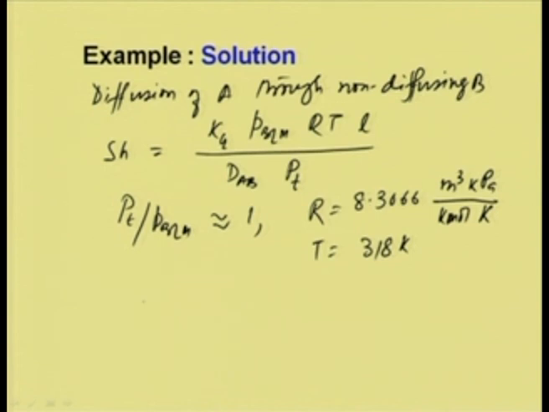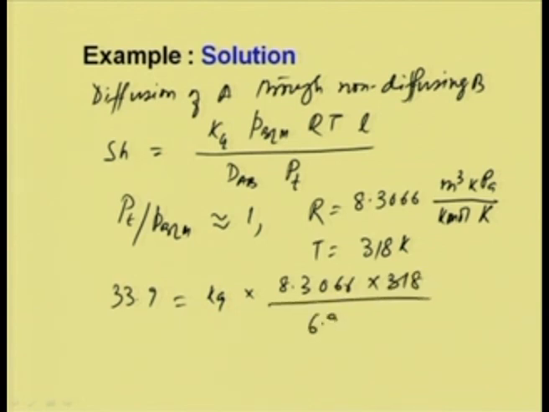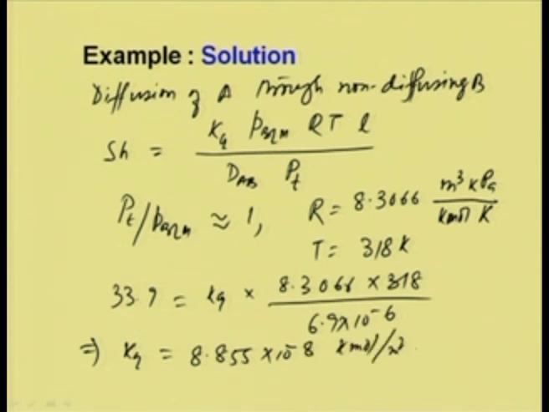So, Sherwood number 33.9 is equal to kg into 8.3066 into 318 divided by 6.9 into 10 to the power minus 6. From this we can calculate kg is 8.855 10 to the power minus 8 kmol per meter square second kilopascal.